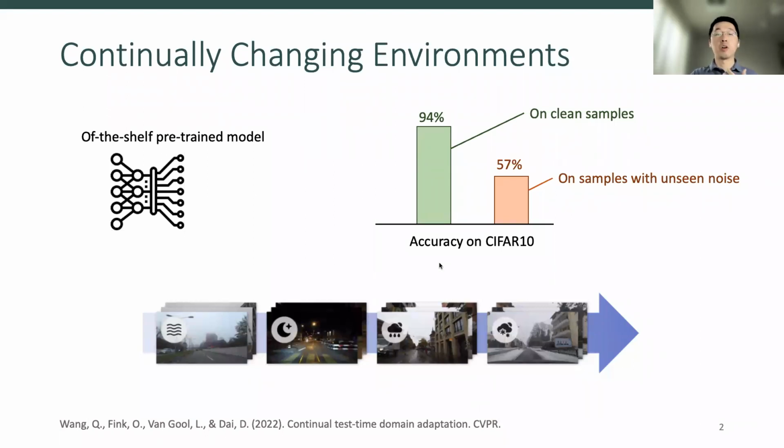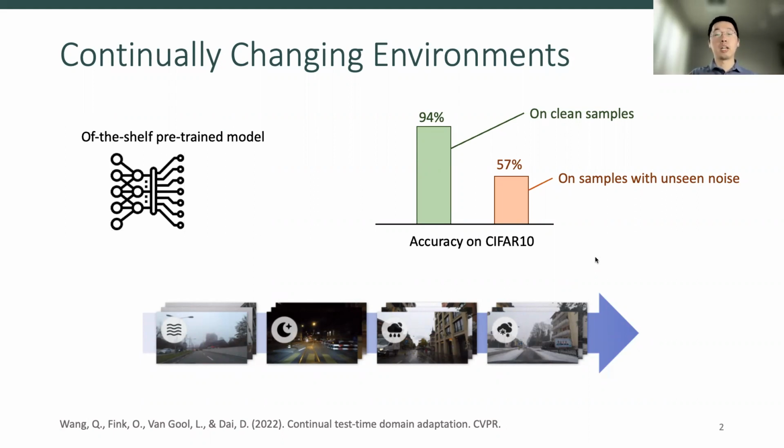When you test the model on CIFAR-10, if we test the accuracy on clean samples, the accuracy will be quite high, as high as 94% for a CIFAR-10 pre-trained model. However, if you encounter changing types of noise, you will find the accuracy drops significantly from 94% to 75%. So this is a big issue. That means the pre-trained model is not robust if you encounter different unseen noise at test time.